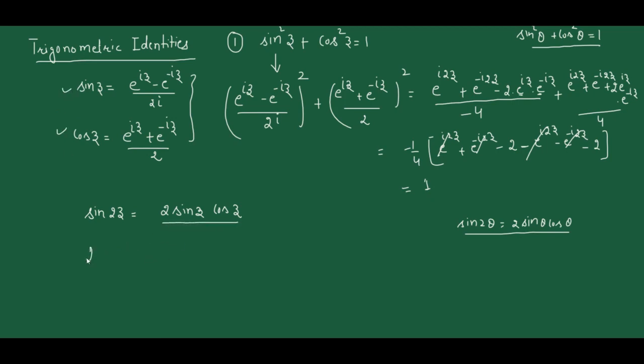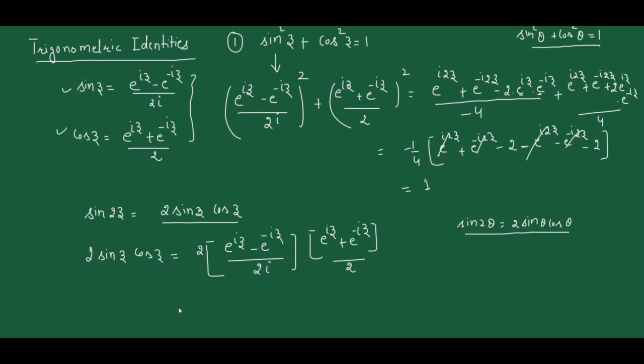So if we start from the right hand side, 2 sin z cos z is 2, put the value of sin z, e raised to power iota z minus e raised to power minus iota z by 2 iota, and then put the value of cos z, e raised to power iota z plus e raised to power minus iota z by 2.